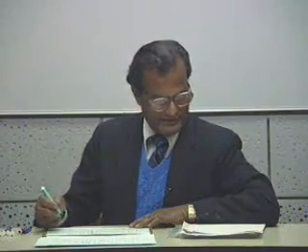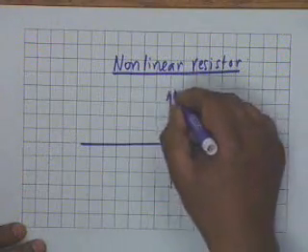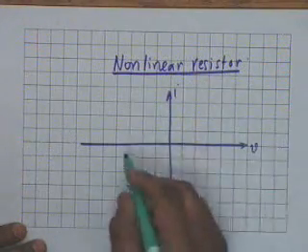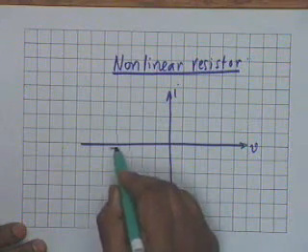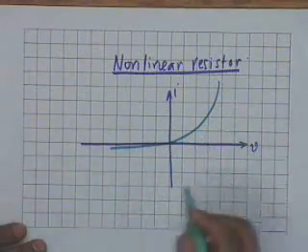For example, suppose we have a diode in which the VI characteristic is like this. This is VI. For negative V, the current is very small. For positive V, the current increases almost exponentially.